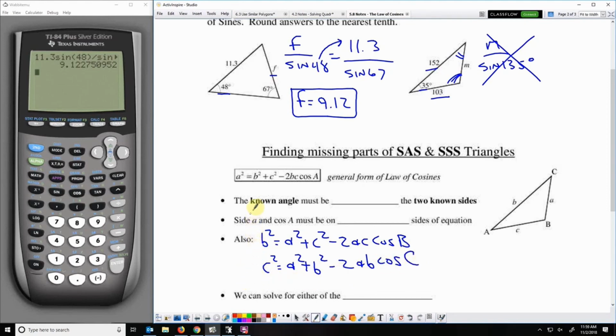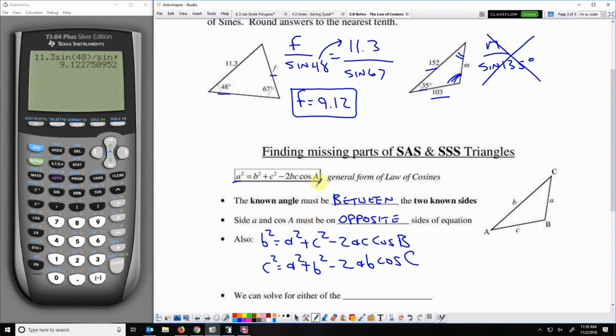Okay? So the known angle, if you know an angle like in side, angle, side, must be between the two known sides, or it must be the included angle. So side a and cosine a must be on opposite ends.